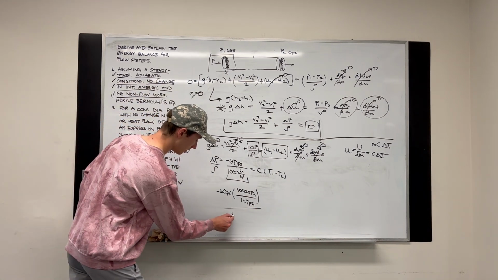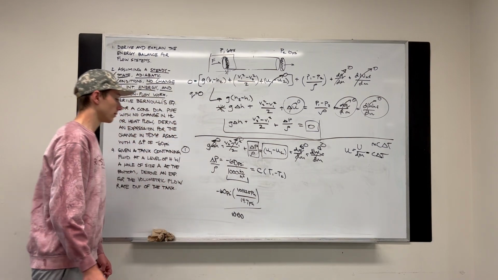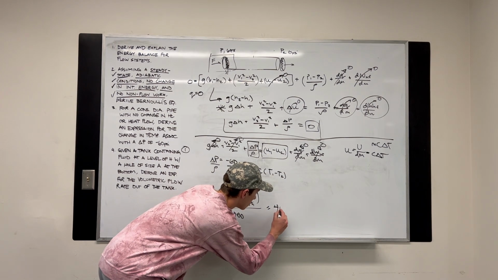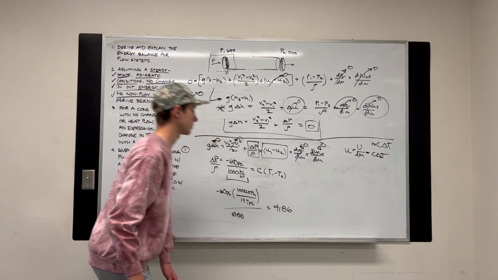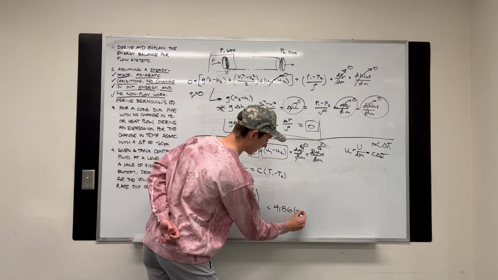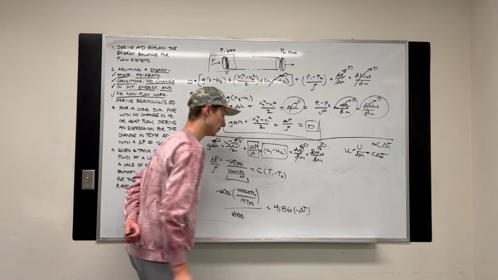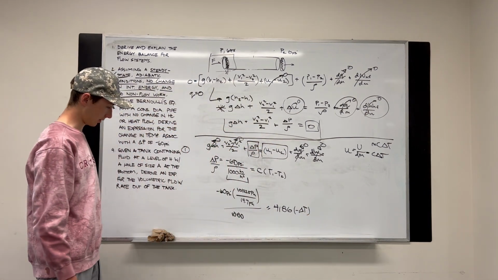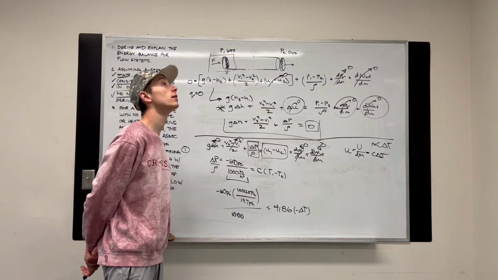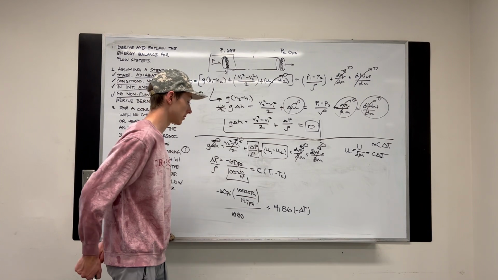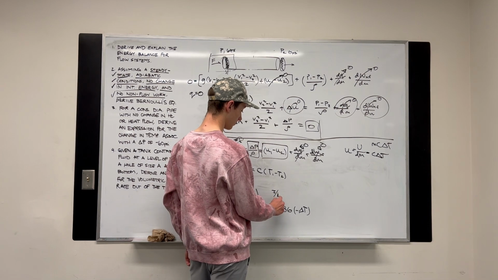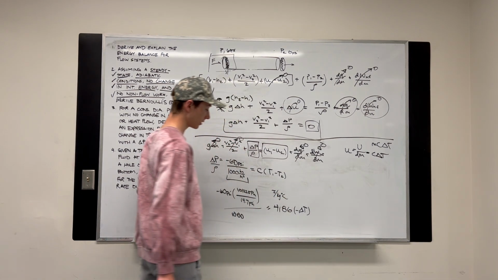Divided by 1,000 equals, C is 4,186, and we'll just call this negative delta T. T2 minus T1. Joules per kilogram degrees. Yeah, so 4186 is in joules per kilogram degrees Celsius, I believe. Okay.